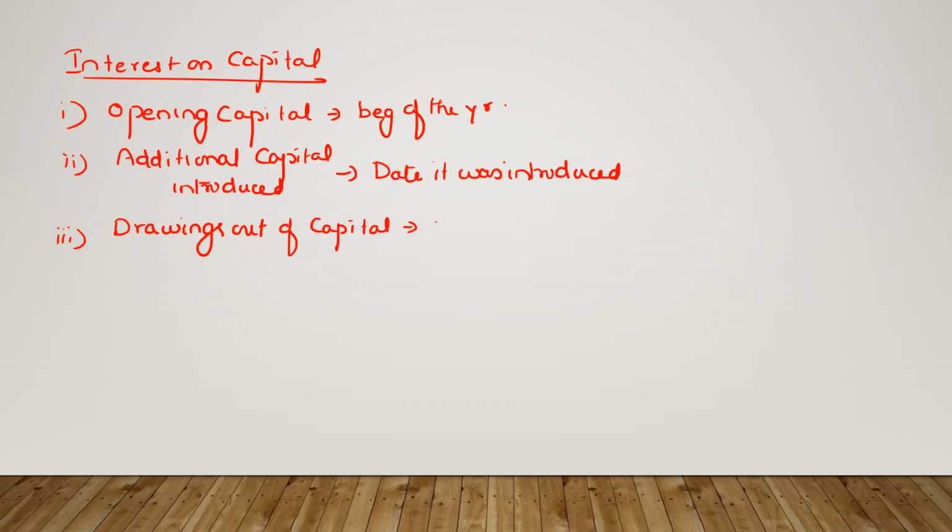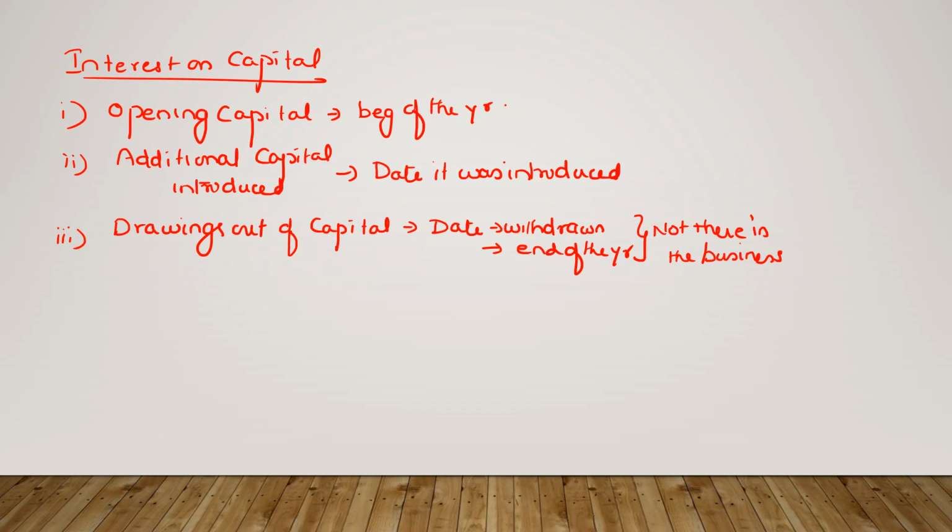Therefore, from the date when it is withdrawn till the end of the year, the amount of capital was not there in the business. Therefore, the partner will not be entitled to interest for that part of the year when the capital was not there. So we will have to remove the interest on capital calculated on the drawings amount for that particular period. So this is the way we will go and calculate the interest on capital.